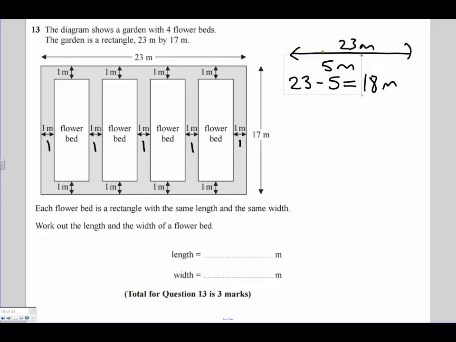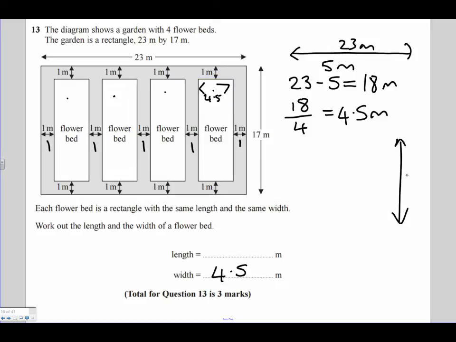Okay, so the 18 meters divided equally between the 1, 2, 3, 4 flower beds is 4.5 meters in width for each flower bed. So the width is 4.5 meters. Now let's look at the length.